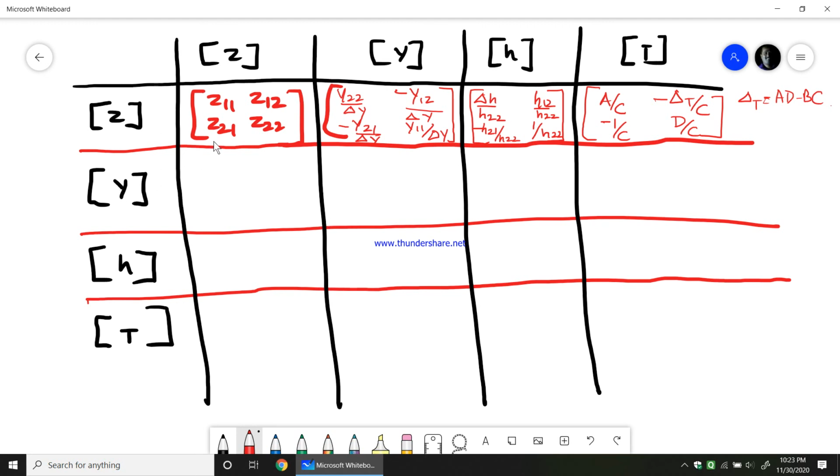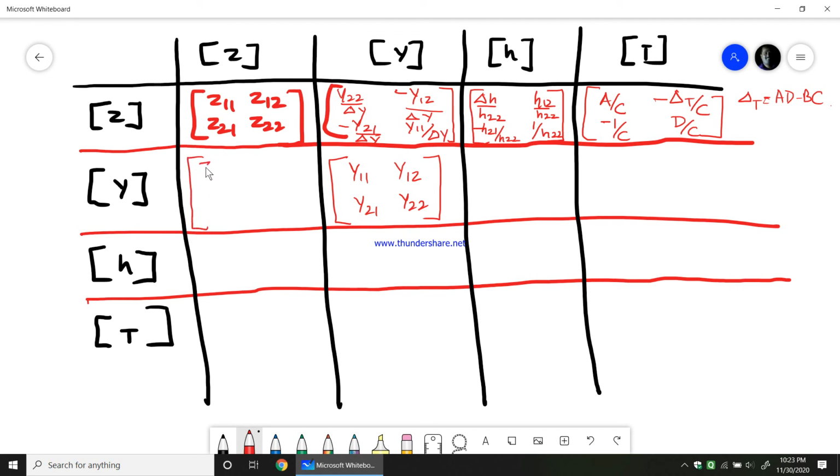Now Y in terms of Y parameters, you get Y11, Y12, Y21, Y22. Now Y in terms of Z parameters is what we need to write now. So Y in terms of Z parameters is what?